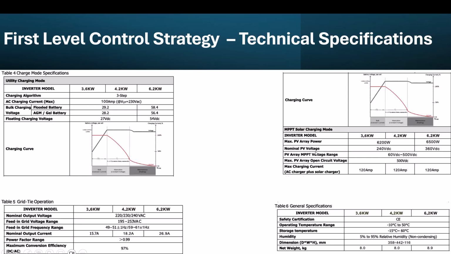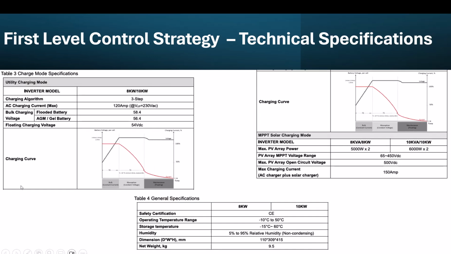In this case, your inverter will be optimized at 240 volts for the two inverter types, 3.6 and 4.2, and also 360 volts for the 6.2.